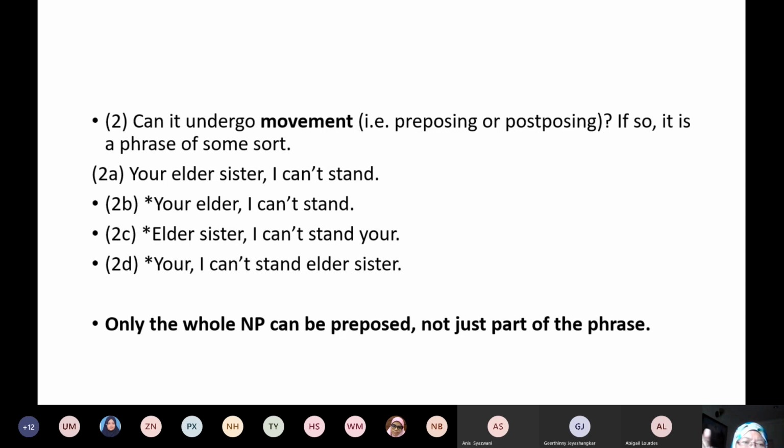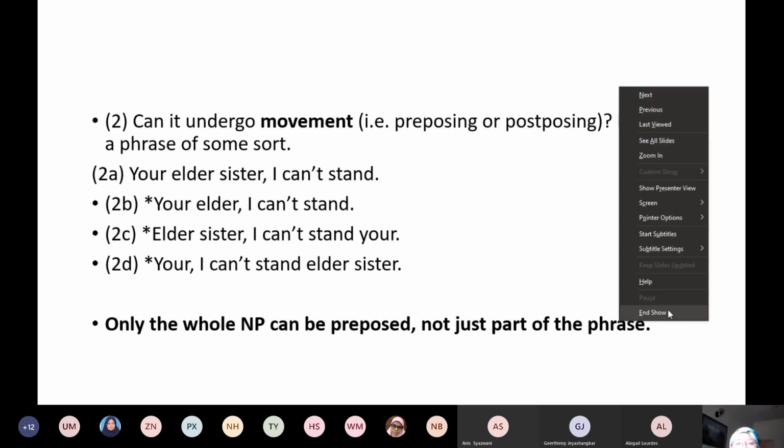So we find that 2A is okay. However, 2B, 2C, 2D is not okay. And why is it not okay? We look at 2B. We only pre-post the your elder. Actually, silap, let me repair this.